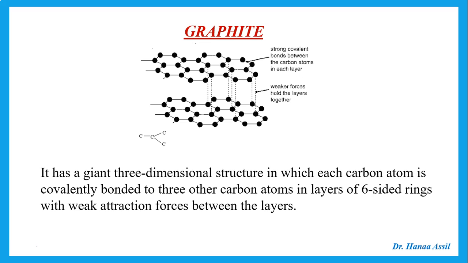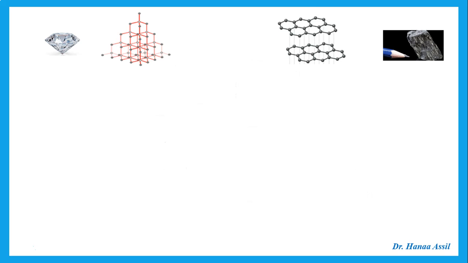So within each layer, we have strong covalent bonds. Each carbon is covalently bonded to 3 other carbons. But this is made up of layers of 6-sided rings, and there are weak attraction forces between the layers.